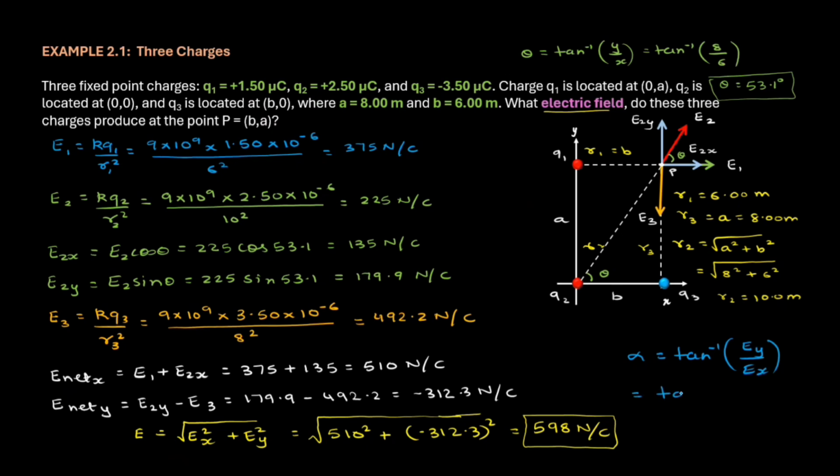So you get tan inverse. Y component is negative 312.3. X component is 510. And when you solve this, you get alpha to be equal to negative 31.48 degrees. So this is the magnitude and direction of the resultant electric field at point P because of these three charges.